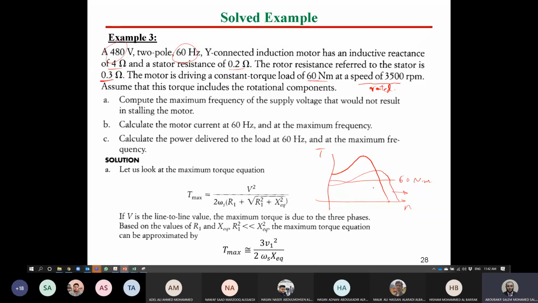The question is, what is the maximum frequency that can be increased without stalling the machine? Stalling the machine means the maximum torque equals the load torque. This means that this is now the critical characteristic that we are looking for.